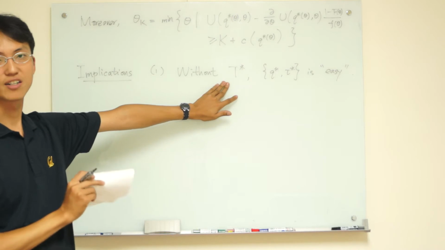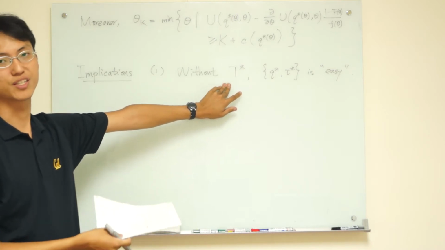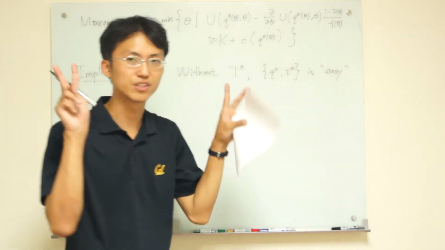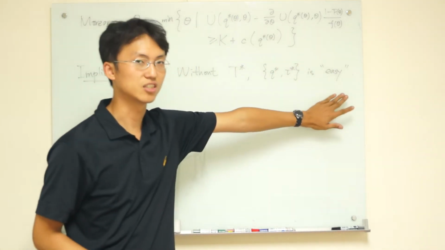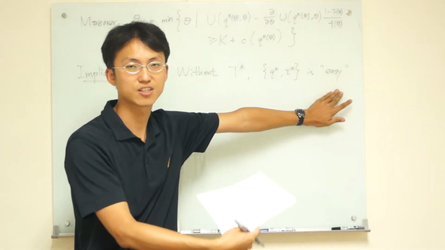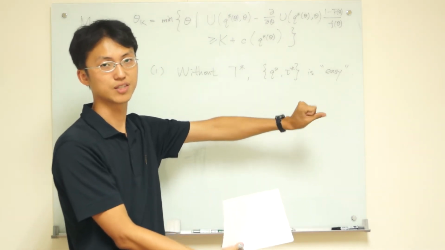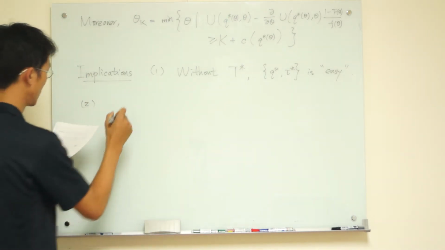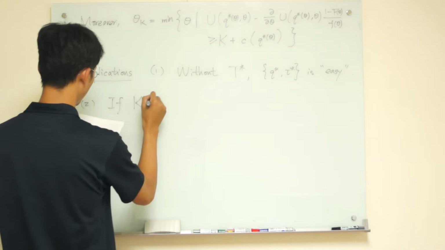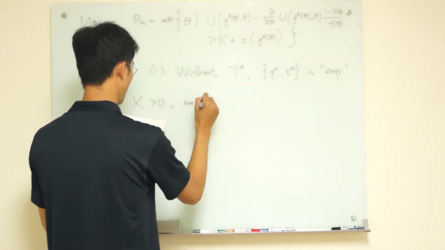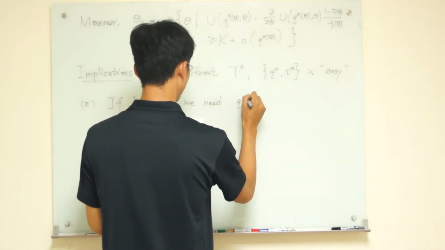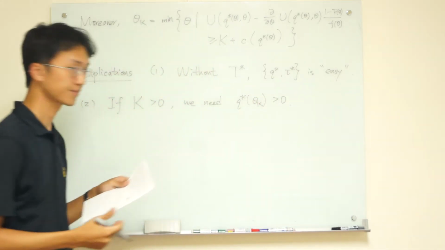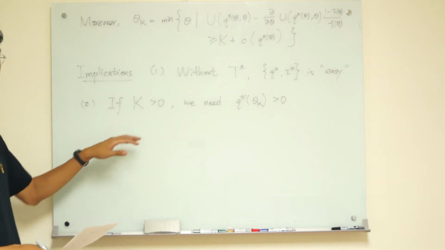So if you are not allowed to offer the all-you-can-eat plan, finding the optimal schedule is kind of easy. We say it is easy because it follows the standard way of solving a problem. Second, the second observation is here.